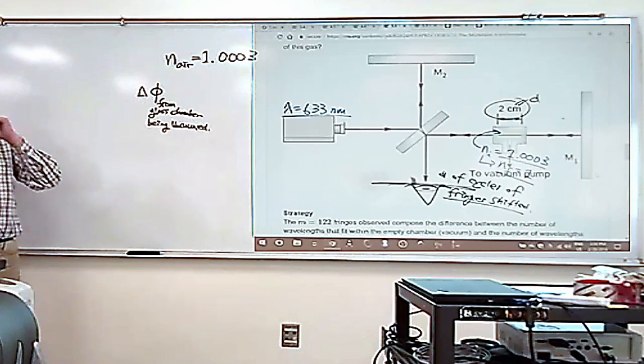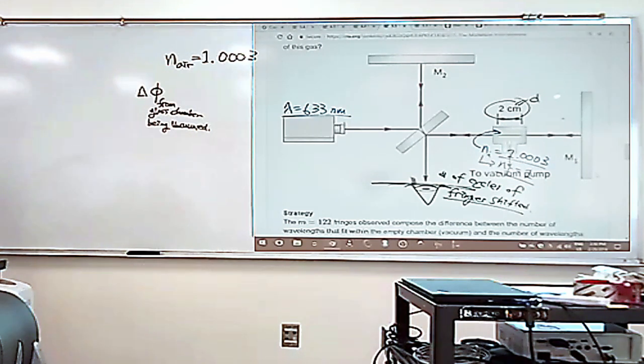I'm just thinking, all right, I have that physical distance. Let me write down the general outline of this formula. So for this phase difference, this is what it's going to be.